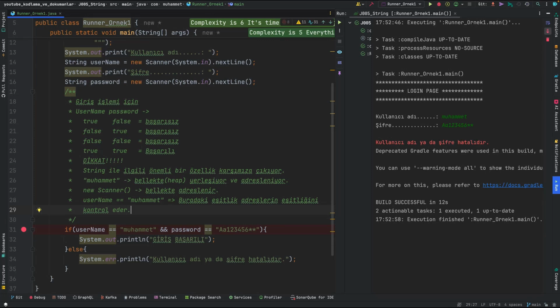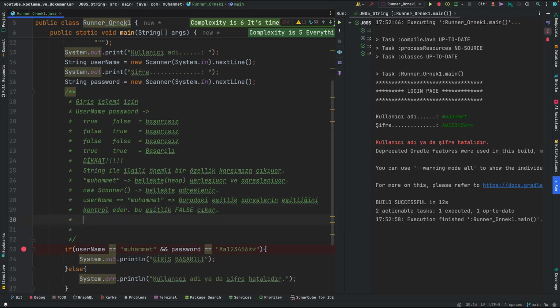Are they equal? Of course, they're not. The address of the string you get from the user with new scanner and the address where the string Muhammad is stored are different from each other. That's why, when you use equals equals, it checks if the addresses are the same. That's why, in this operation, this equality comes out as false.